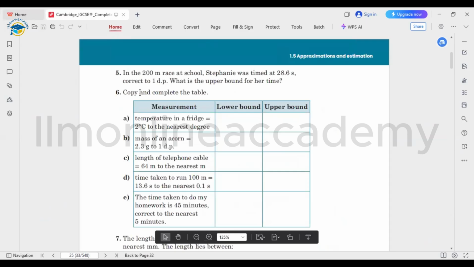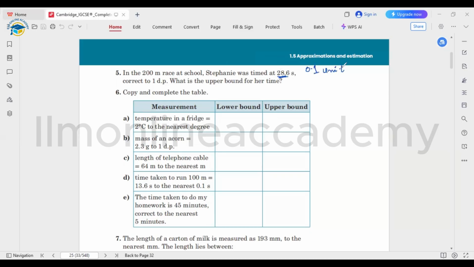Next, in part number 5, they're saying that in the 200-meter race at the school, Stephanie was timed as 28.6 seconds. This is the time Stephanie took to complete the race, and it is correct to 1 decimal place. If you carefully check the number they gave us, it is correct to 1 decimal place, which means the unit that we are going to use will be according to 0.1.